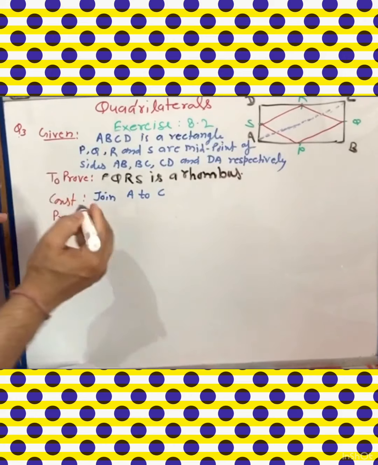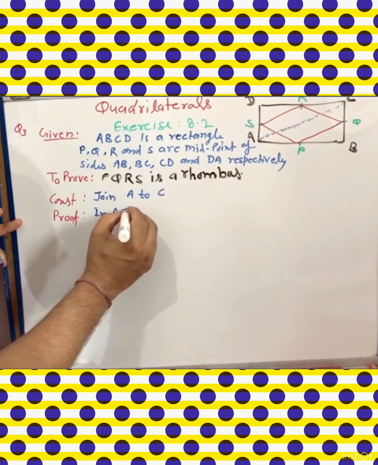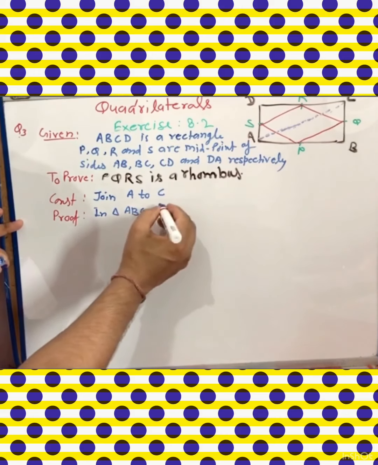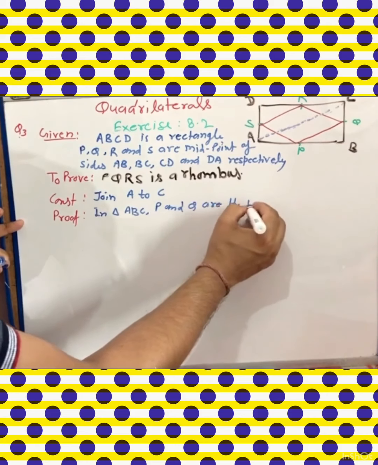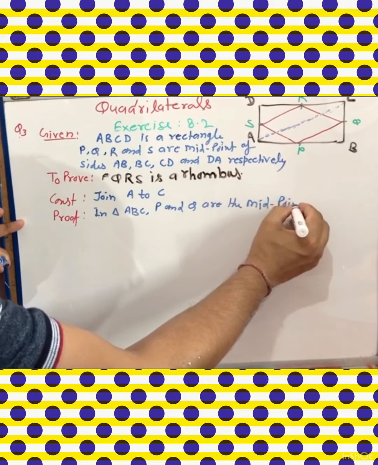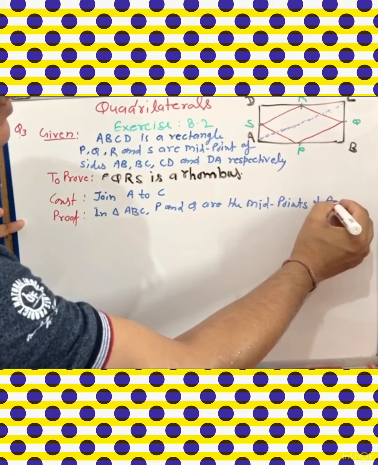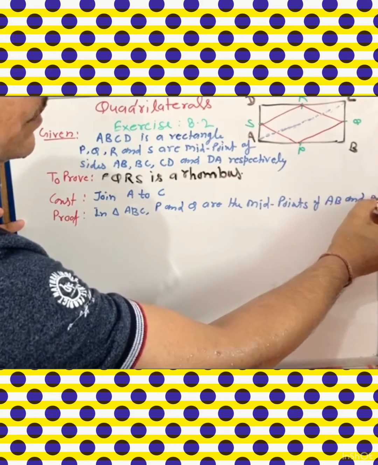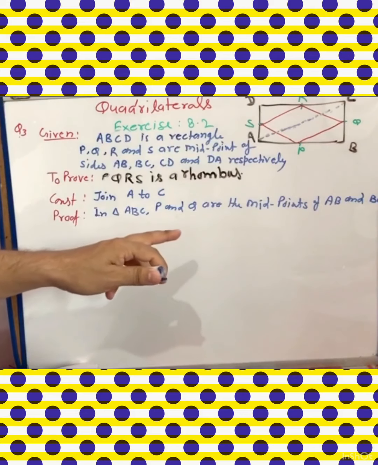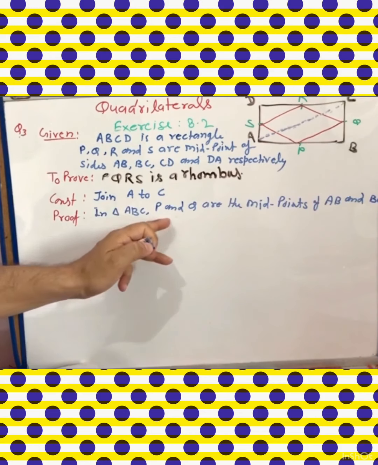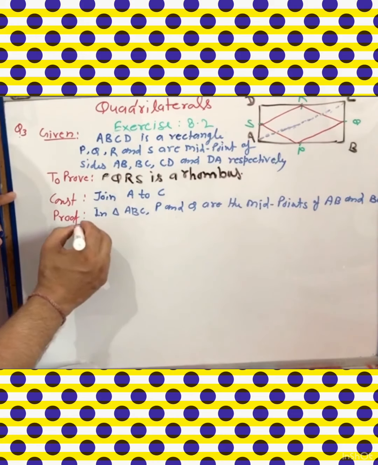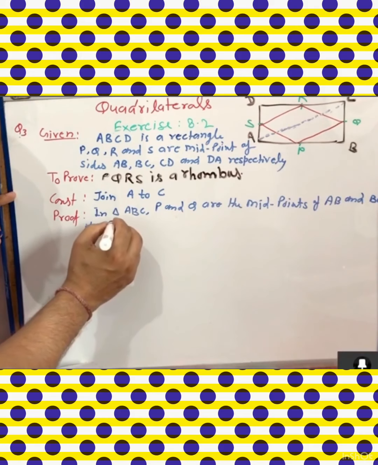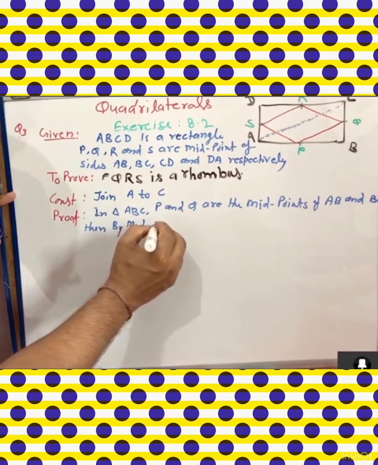In triangle ABC, P and Q are the midpoints of AB and BC. So this is the important point. You will write, it is necessary to write that P and Q are the midpoints of sides AB and BC. Okay. Then by midpoint theorem.